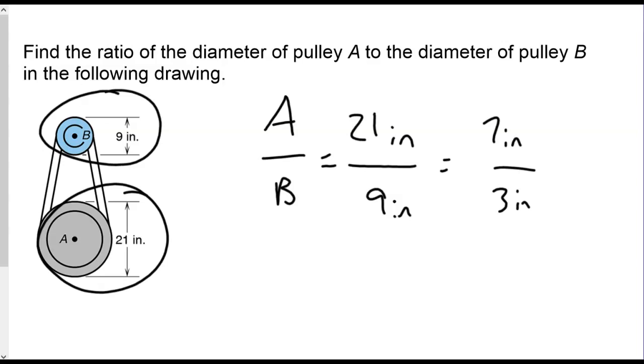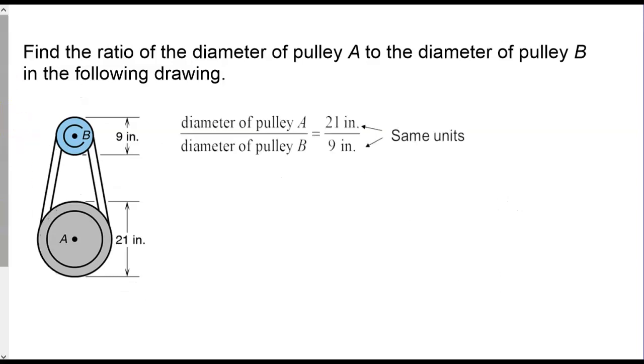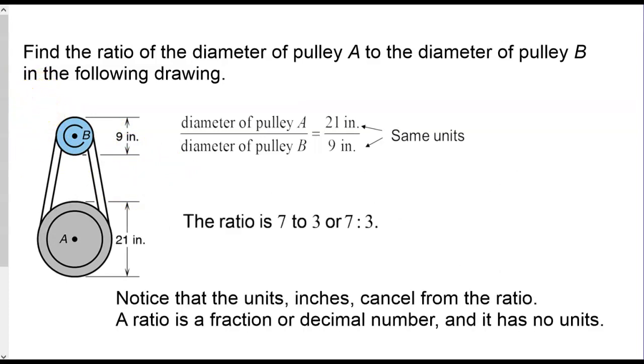That's as far as it goes. So we will have our ratio of 7 to 3. Notice this is another way to write it as well: 7:3. You can keep it as 7:3.